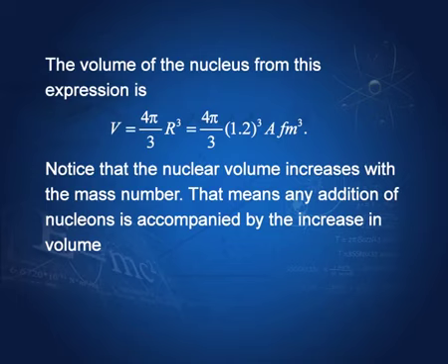So, if we want to find the density, we want the mass per unit volume, that is A by V. A is the mass, and you can see that A by V will turn out to be a constant quantity. So, the density of the nucleus is independent of the number of nucleons.